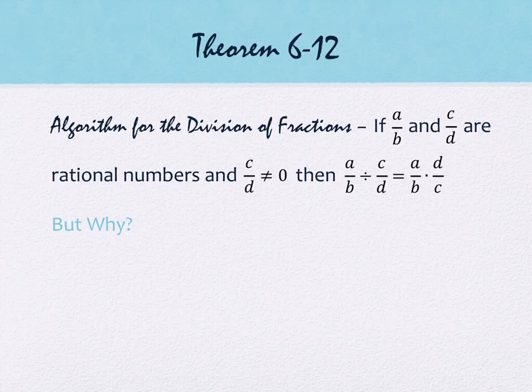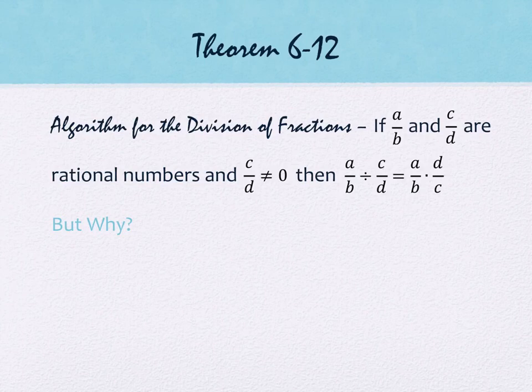So you've got a over b divided by c over d. Nothing can be 0. It doesn't work with zeros, okay? So a over b divided by c over d is the same thing as a over b times the reciprocal d over c. So instead of dividing, we flip and multiply.